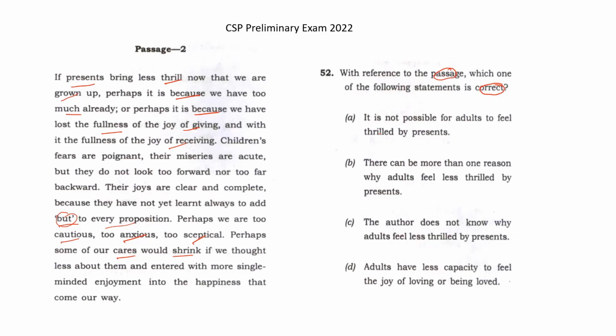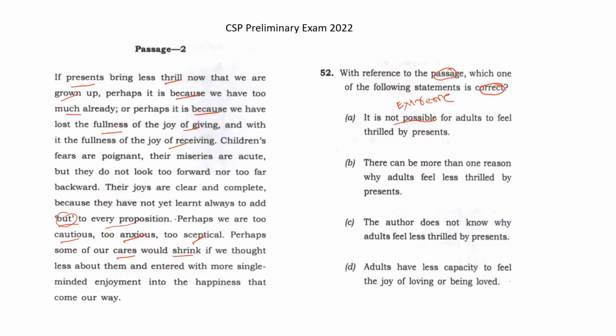Now, option A. It is not possible for adults to feel thrilled. Not possible, impossible, something like that. Extreme word. This is extreme. Does the passage support that it is not possible for adults to feel thrilled?